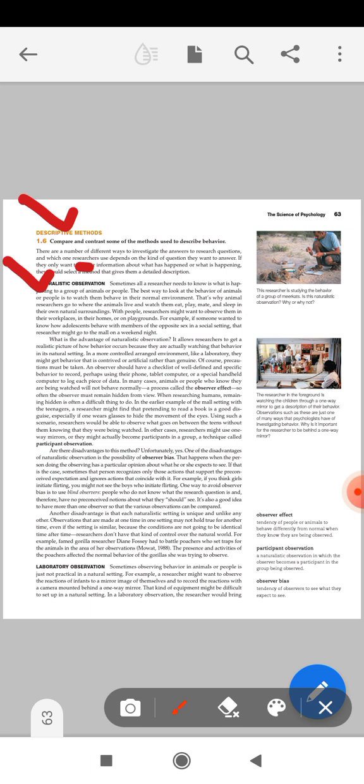What is the advantage of this observation method, that is naturalistic observation?